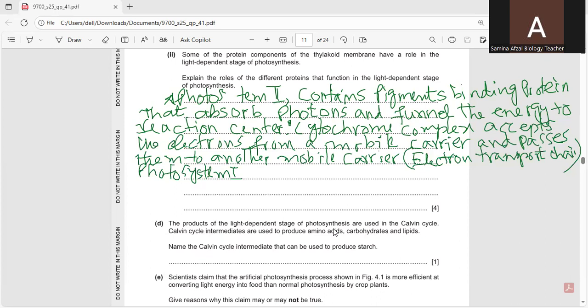The photosystem 1 performs a very specific role. Also a light harvesting.